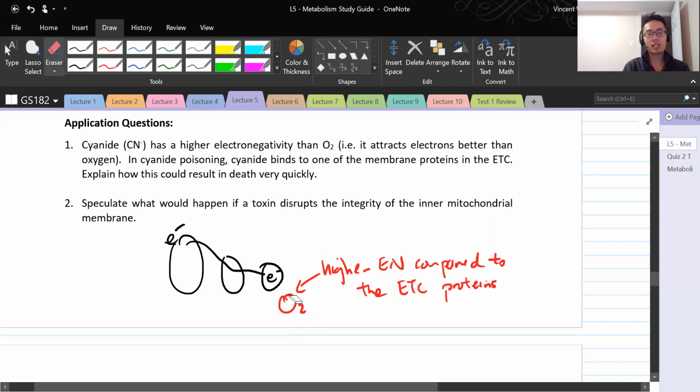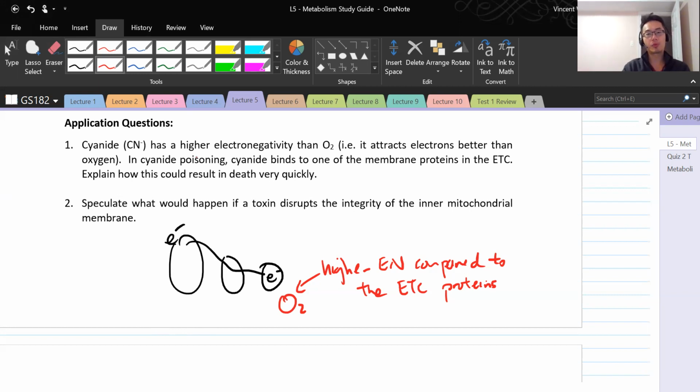Oxygen is the strongest magnet of all. You need to remove the electron from the ETC so the next electron can slide down. If the ETC is clogged up, you won't be able to pass down electrons or pump H+. Without the H+ gradient, you will not be able to produce ATP.